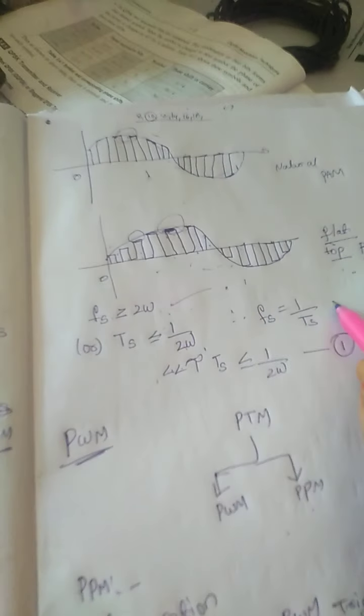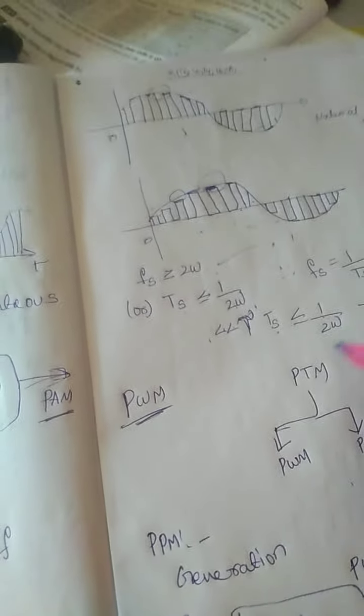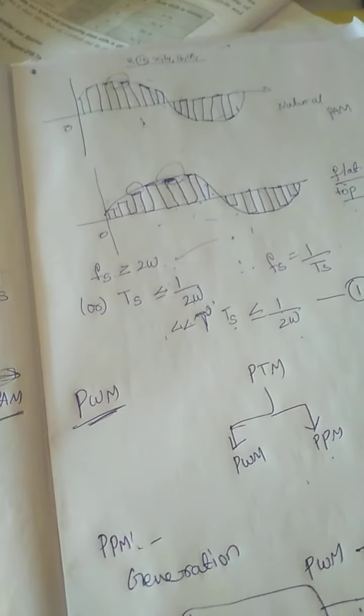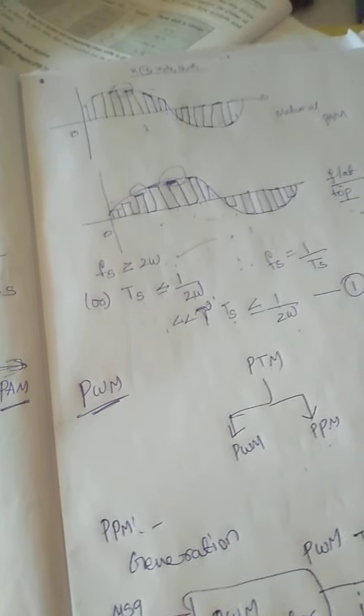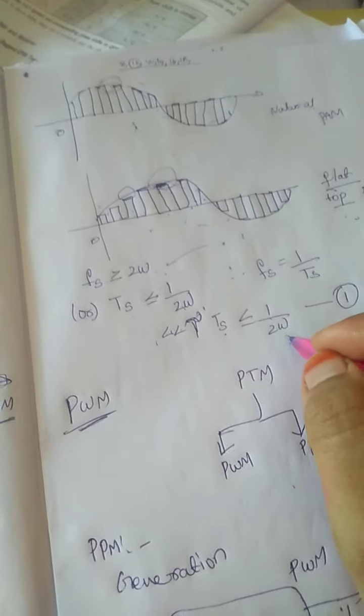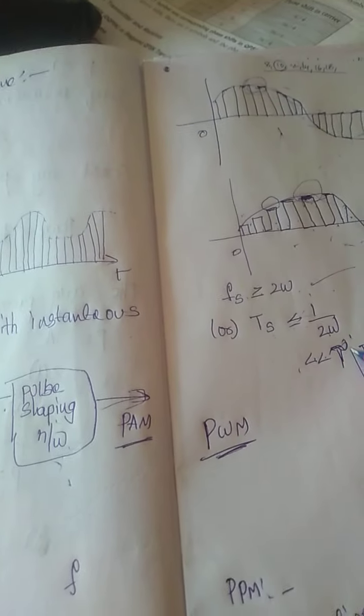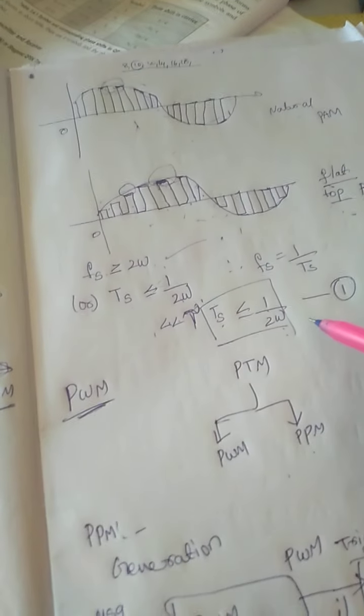Since Fs is equal to 1 by Ts, as we know, from this we can write Ts is less than or equal to 1 by 2W. If the on and off time of the pulses is the same, then the frequency of the PAM pulse will be the same. Okay, so this is the transmission bandwidth of the PAM.